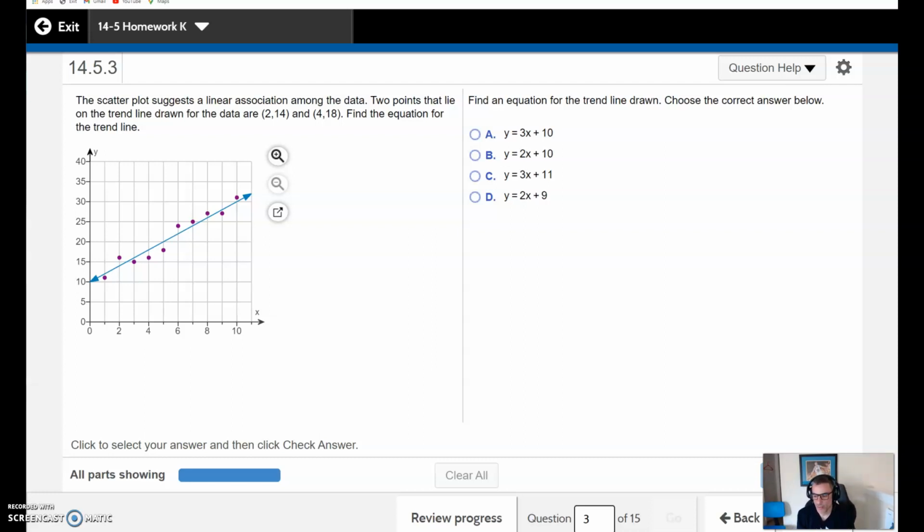So the first problem I'm going to look at is number 3, and you can see we have a scatter plot, and they have drawn a line that roughly follows the path that these dots are headed in. It says the scatter plot suggests a linear association among the data. Two points that lie on the trend line for the data are (2,14) and (4,18).